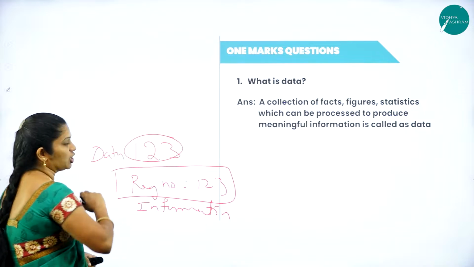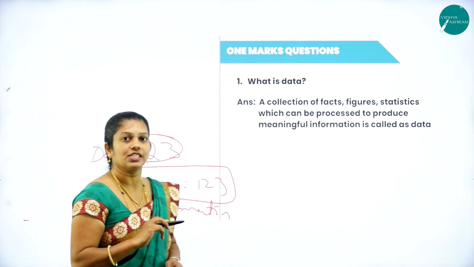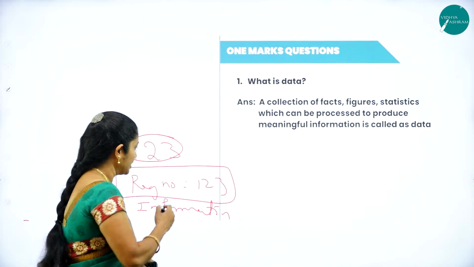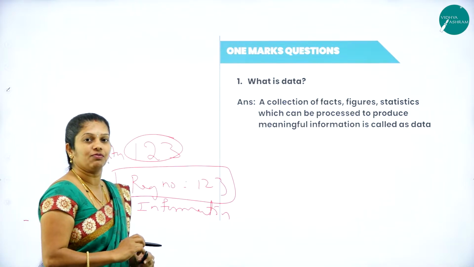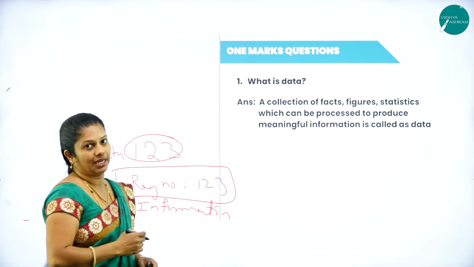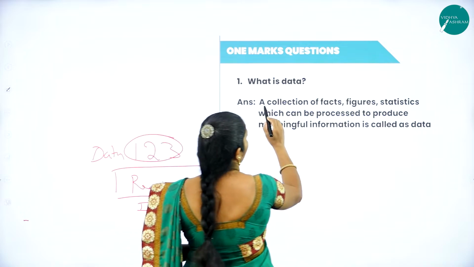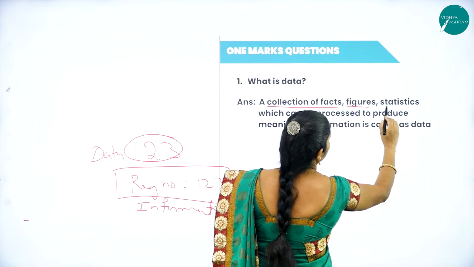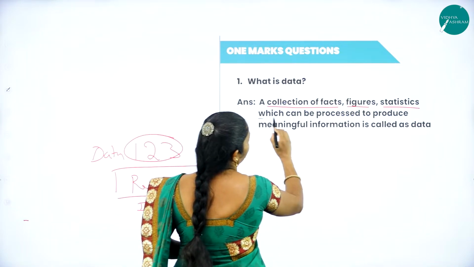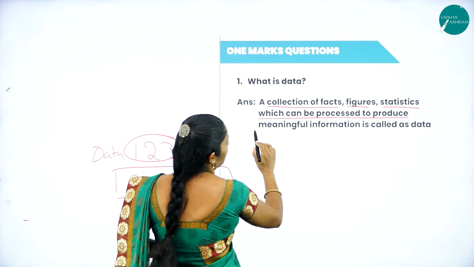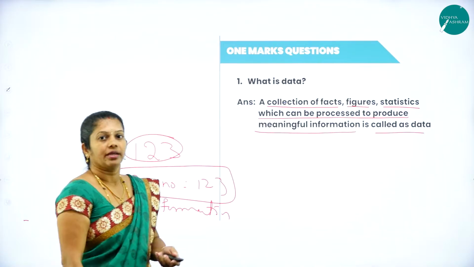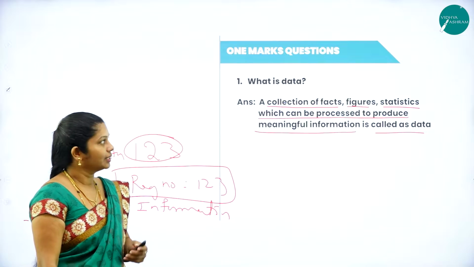Data does not give specific meaning, it is raw facts, figures and statistics. Whereas information gives specific meaning, it is processed data. Data is a collection of facts, figures, statistics which can be processed to produce meaningful information.